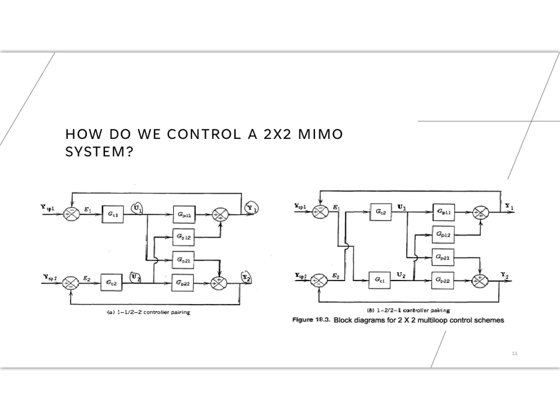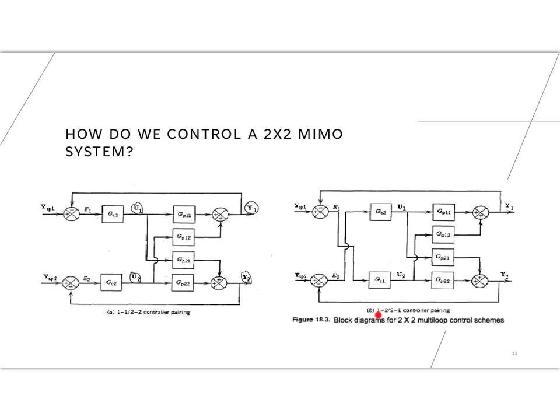This is what is called a 1-1, 2-2 pairing. Input 1 is paired with output 1 as a primary control loop, and 2 is controlled with 2 as the primary. But we also have input modifications due to the other variables.